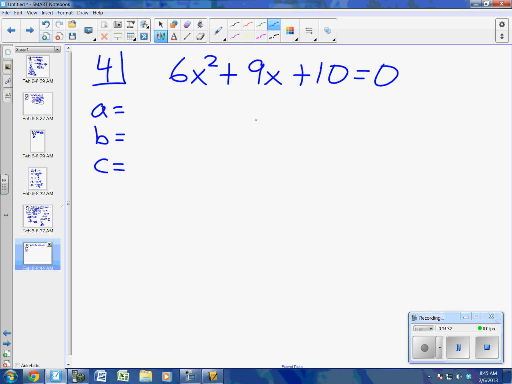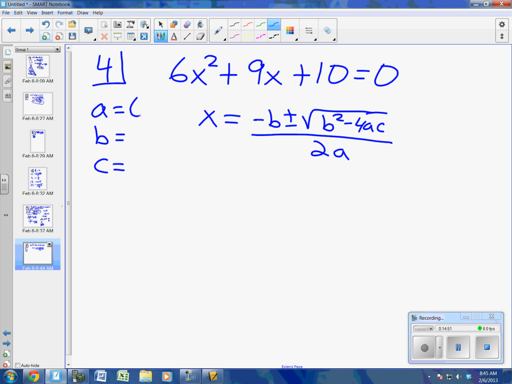The quadratic formula is x equals -b plus or minus the square root of b squared minus 4ac, all over 2a, right? Okay, what is a? 6. What is b? 9. And what is c? 10.